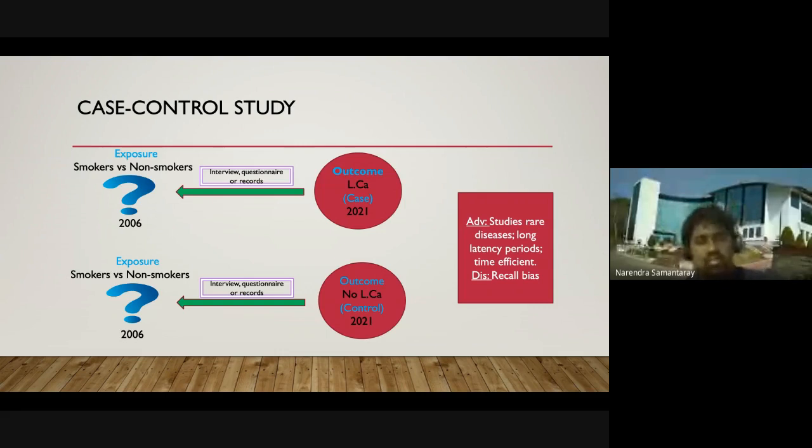Those who have self-control, how beneficial is that? So you wait 15, 20 years. But here, in case control studies, we select the cases as per the outcome only, and from the outcome we go retrospectively to see whether the exposure was there or not. Then we compare, in a similar fashion as in the cohort study.